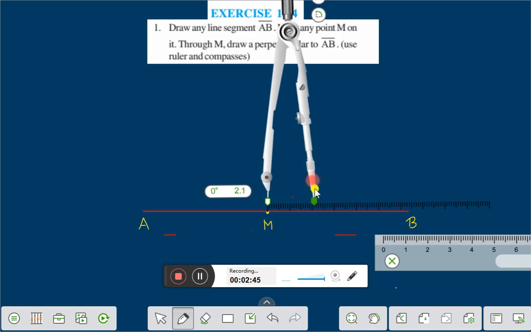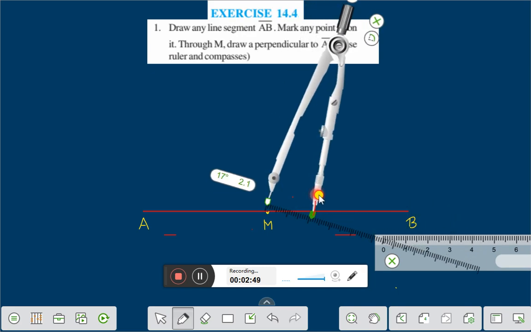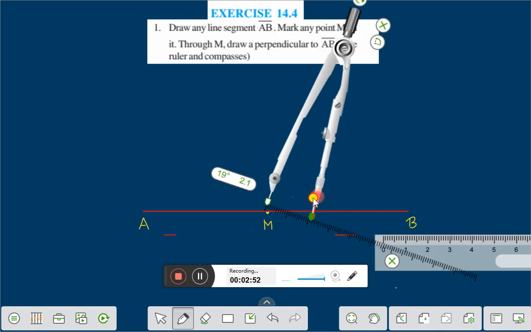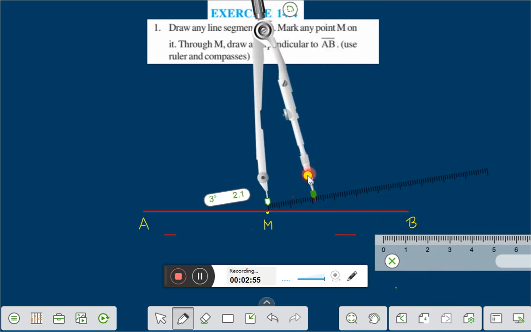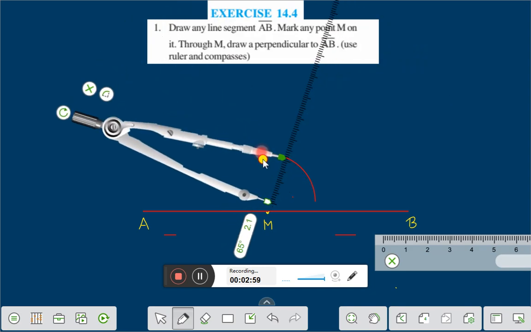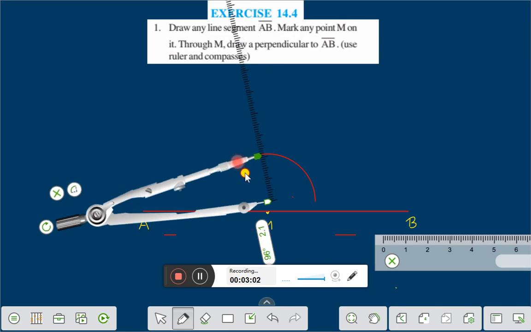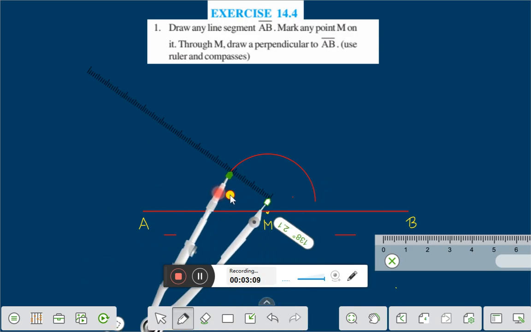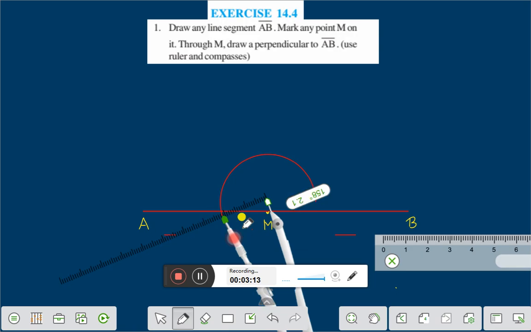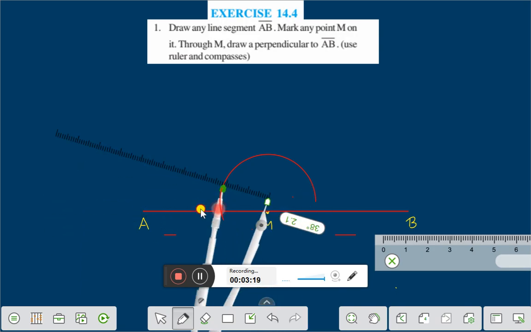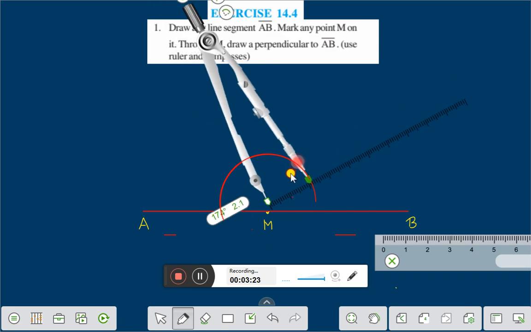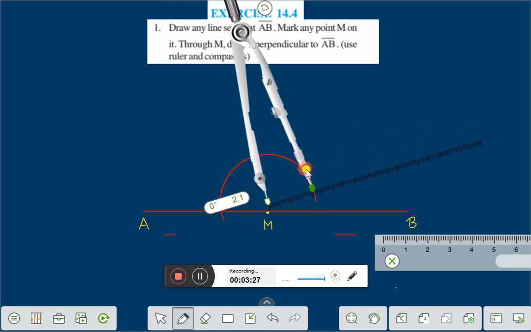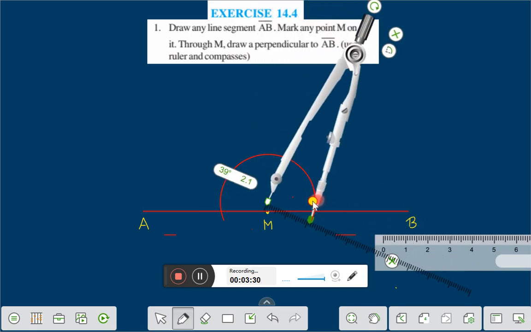Now we'll draw an arc here. Right? We have drawn an arc here.